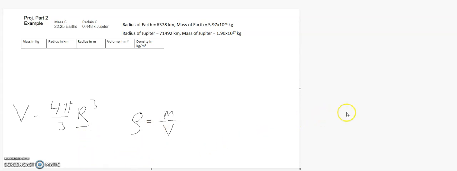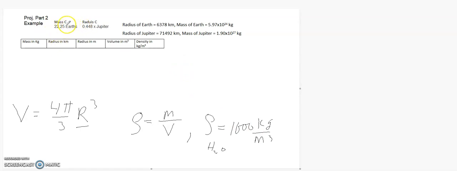Just to give you a sense of the density of things, the density of liquid fresh water, H2O, not salt water, because that's slightly more dense, is 1,000 kilograms per cubic meter. So we'll see what our densities are, and often we'll compare it to liquid fresh water. All right, so let's start this problem.